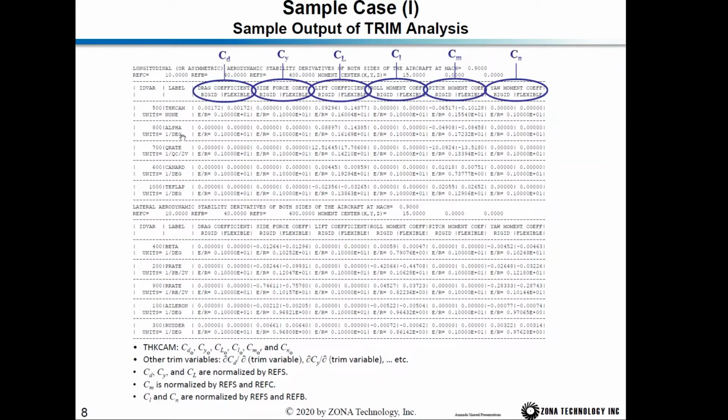Next is alpha. Alpha, Q-ray, canard, and trailing edge flap. They are all longitudinal or symmetric aerodynamic stability derivatives. For example, this is dCd by d alpha in one per degree, and this is CL alpha per degree.